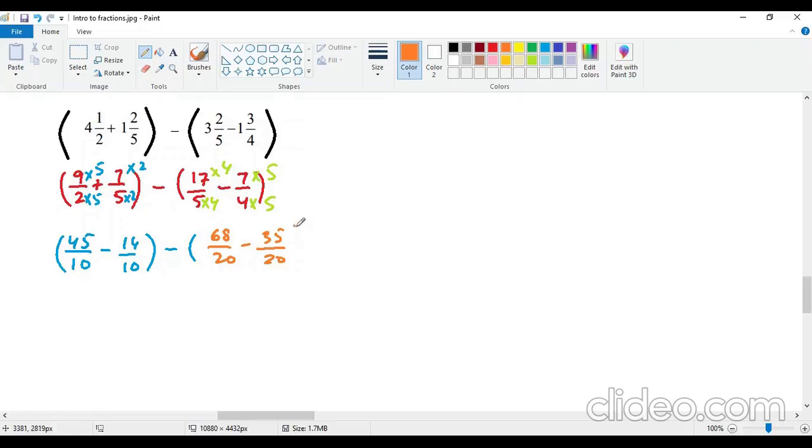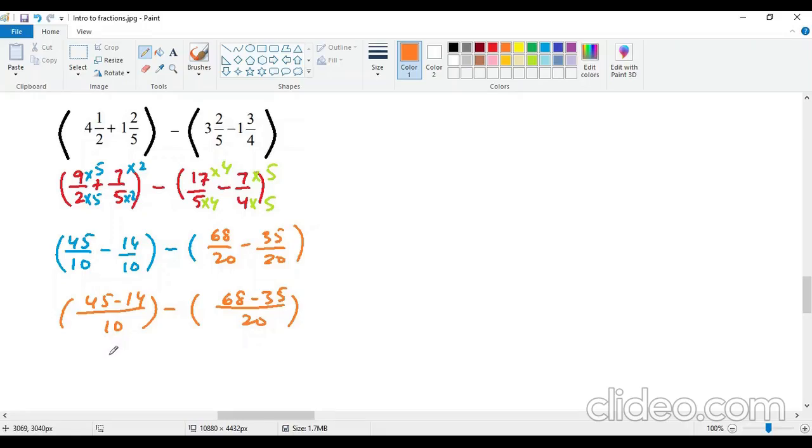Now as we can see, we can keep this in this way. Since the denominators are the same, we are going to write 45 minus 14 and 68 minus 35. This is going to give us 45.